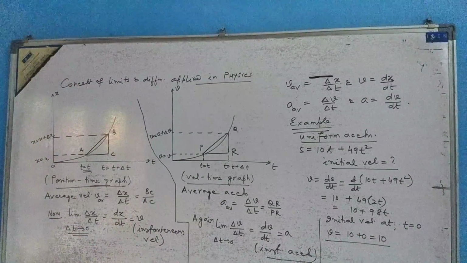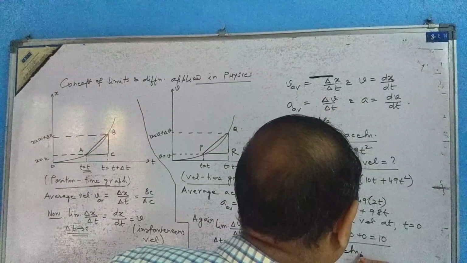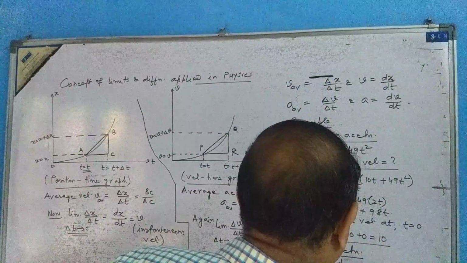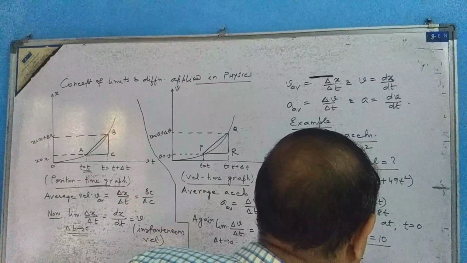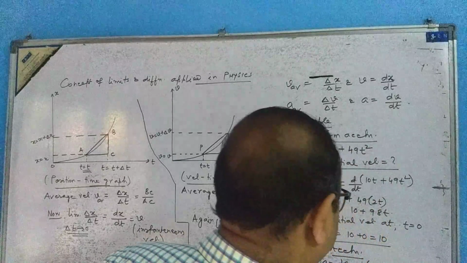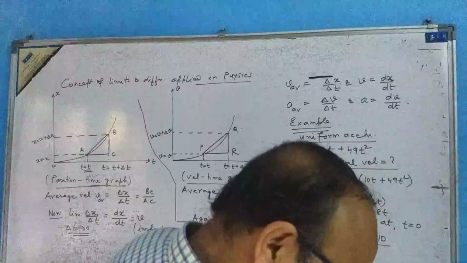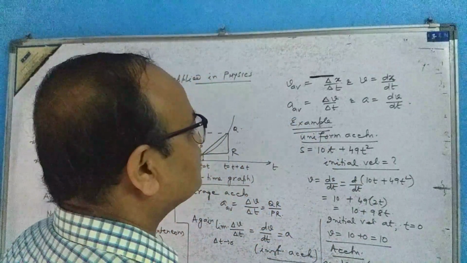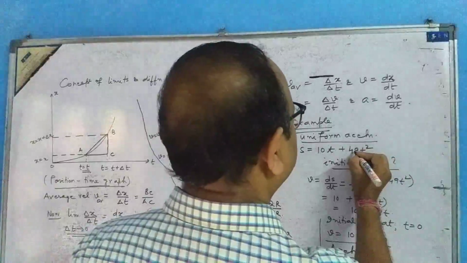And suppose you have to find the acceleration. Then a is equal to simply dv by dt, d by dt of 10 plus 9.8t, isn't it? Sorry, I think there was some mistake in the question.